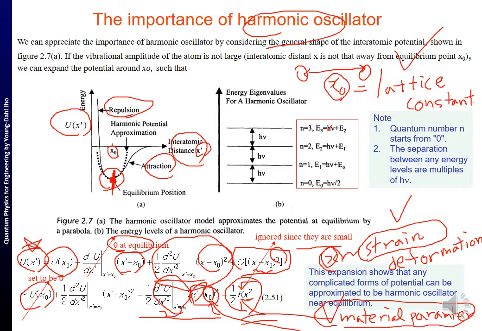Okay, and the final solution of this Schrödinger equation, okay? If we have this potential shape, then you will have certain discrete energy positions with certain quantum numbers. These are the solution actually: energy eigenvalues for a harmonic oscillator.